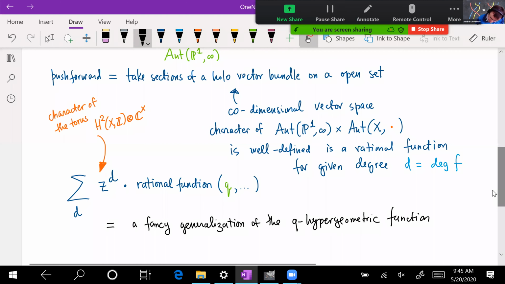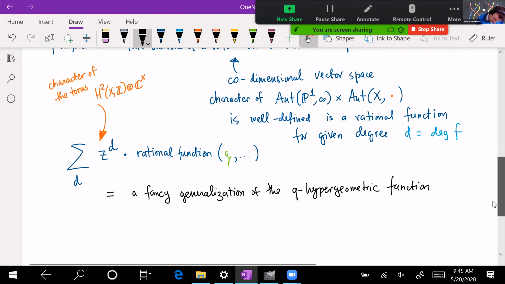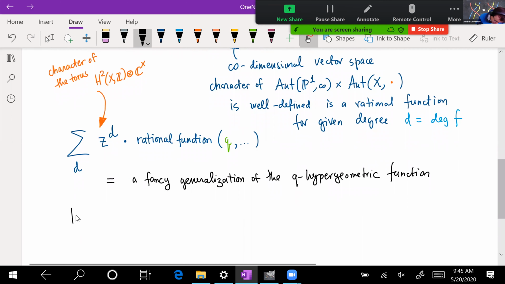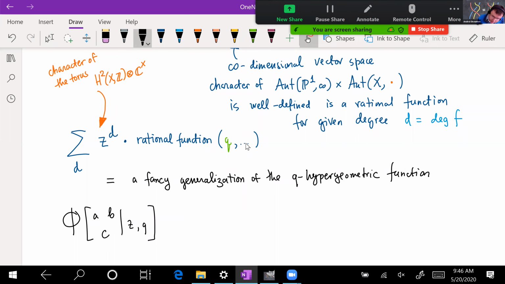So what is a Q hypergeometric function? In the classical situation, it depends on three variables, A, B, and C. You should think of these as kind of the coordinates on the group, and then the variable Z and the variable Q. So A, B, and C are the coordinates that are right here.